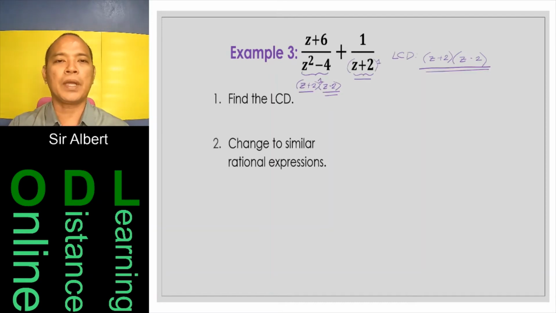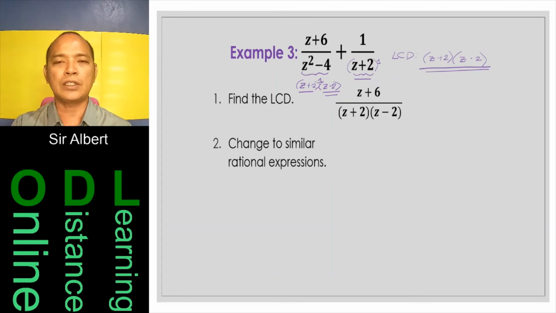The next step is to change to similar rational expressions. We do this by multiplying each rational expression by an expression equal to 1 so that our denominator becomes the LCD. For the first rational expression, which is z plus 6 all over the quantity z plus 2 times the quantity z minus 2, take note that the denominator already makes use of the LCD.